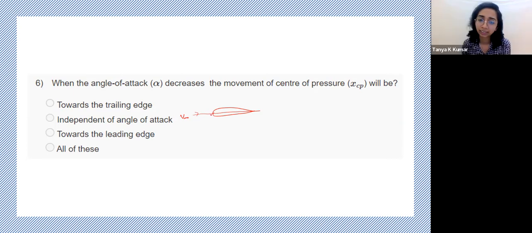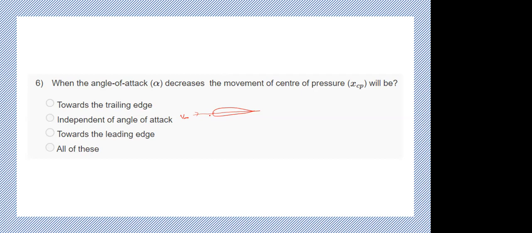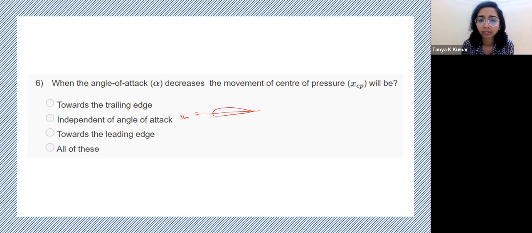What will first touch the leading edge? The angle of attack, ma'am, means the pressure which will be trying to push it forward. So the free stream, the air basically, will hit the leading edge first.